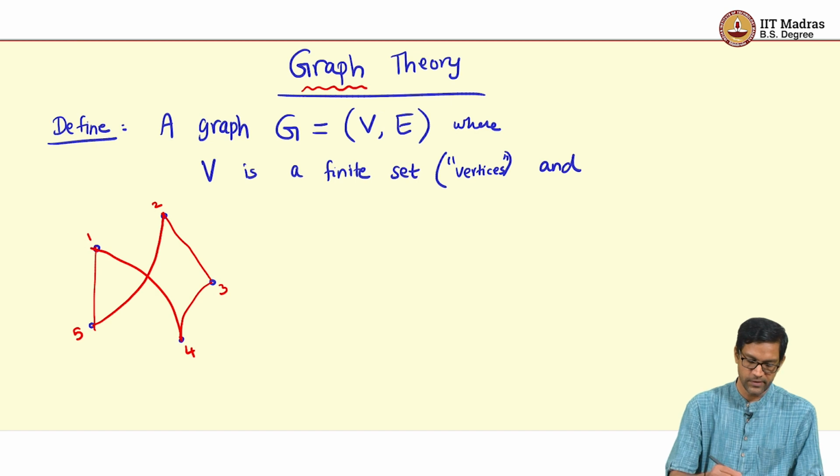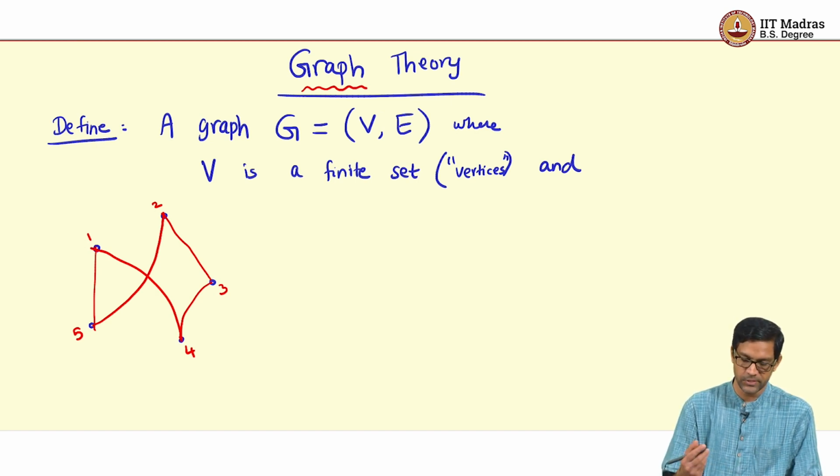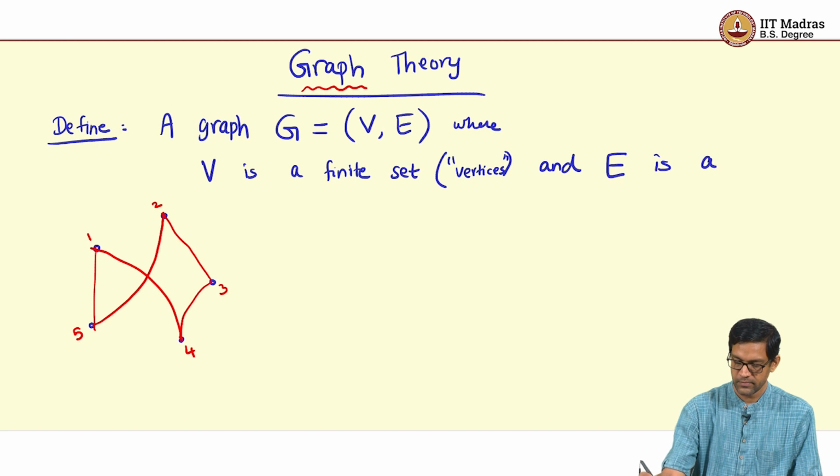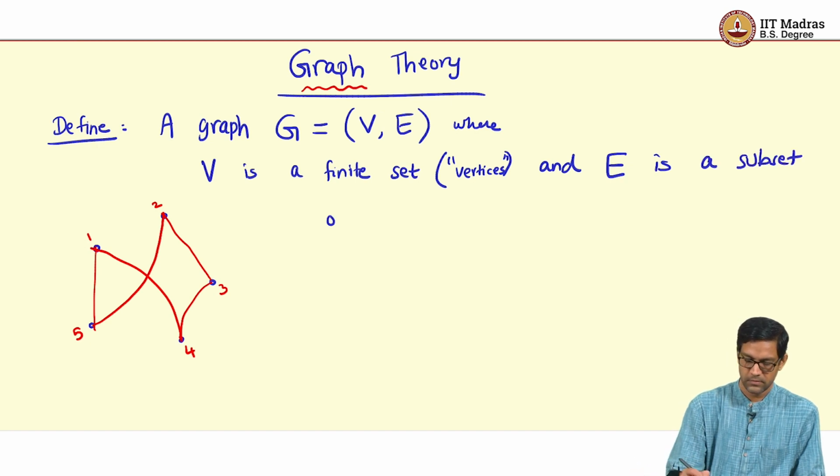E is like we should think of them as these connections or lines between pairs of vertices, and formally E is a subset of what? Of the set of two element subsets of V.